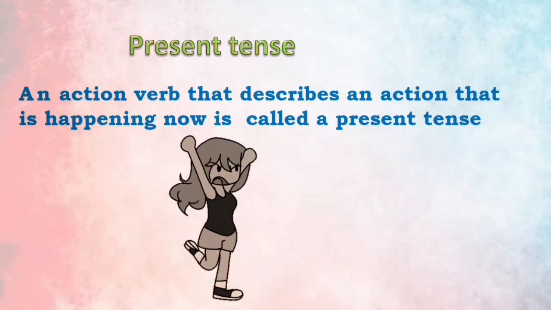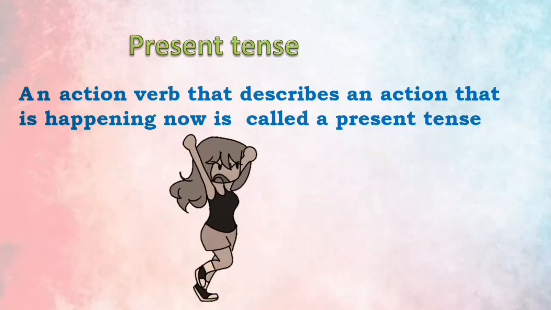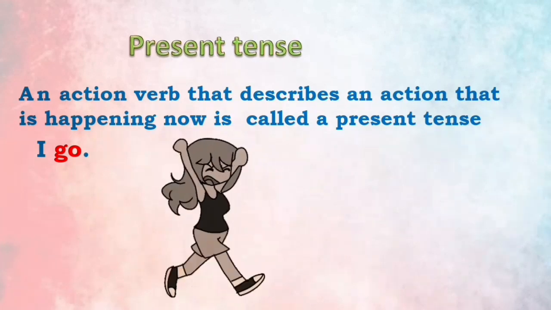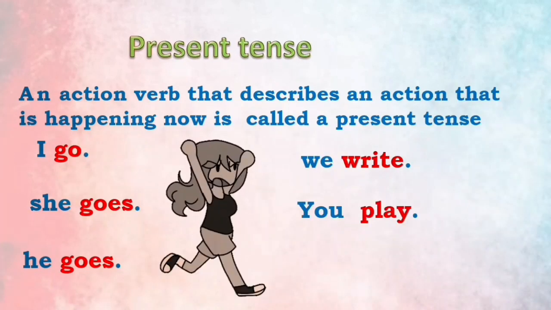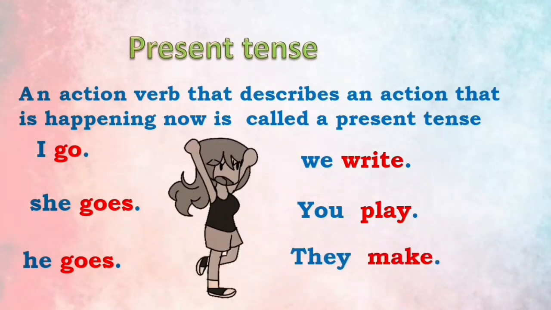An action verb that describes an action happening now is called present tense. Present tense means now. Example: I go, she goes, he goes, we write, you play. See the red words: go, goes, write, play, and make. All these are present tense verbs.